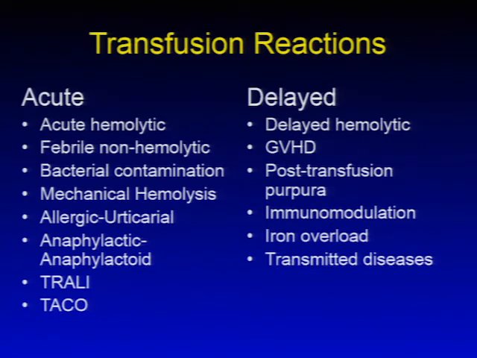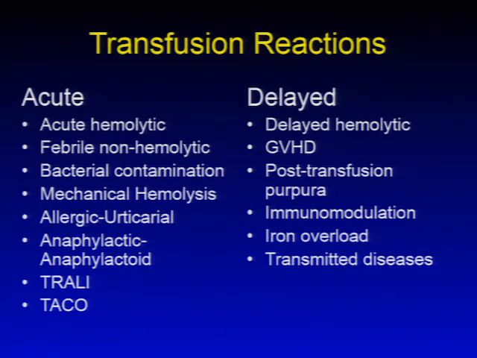You can break this into acute and delayed reactions. I'm not going to go over and list everything that's listed on the sides, but for board review purposes, I think it's important to mention these. We will divide for this presentation a transfusion reaction into these 2 groups of acute versus delayed, acute meaning shortly after the transfusion, and delayed meaning days, months, or years later.